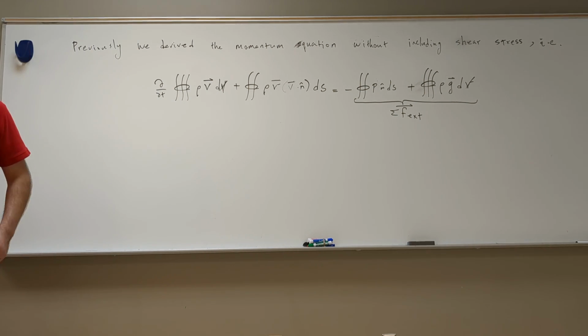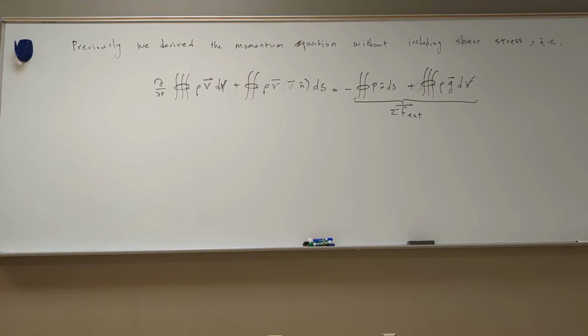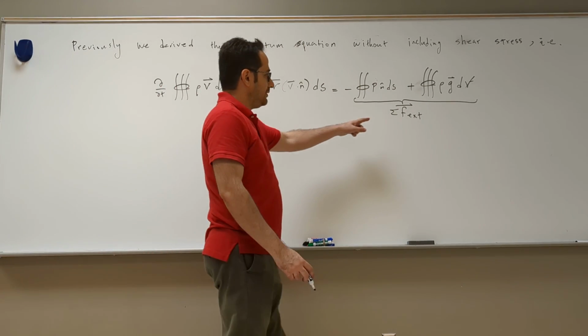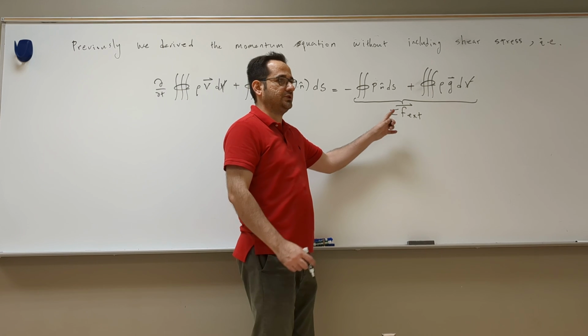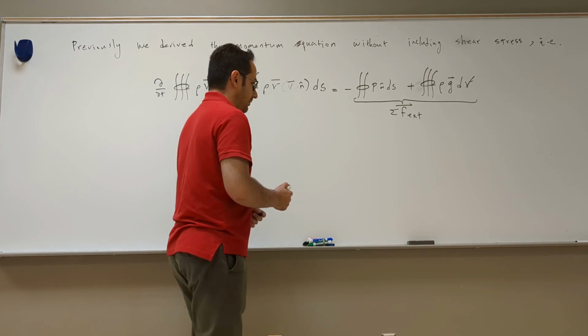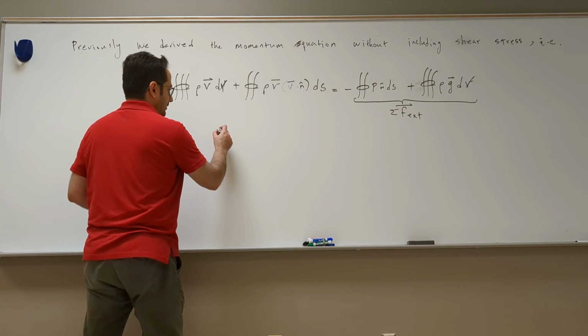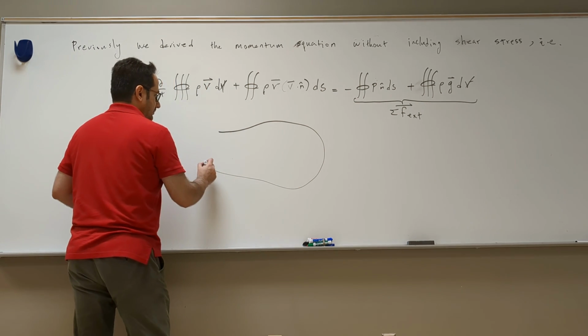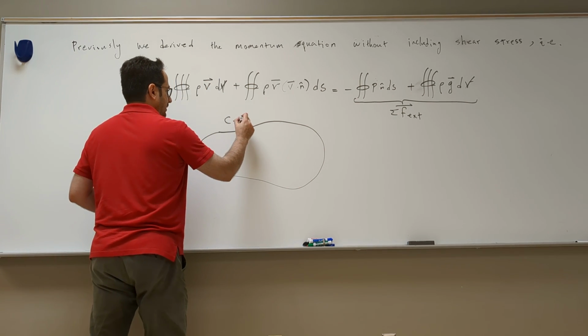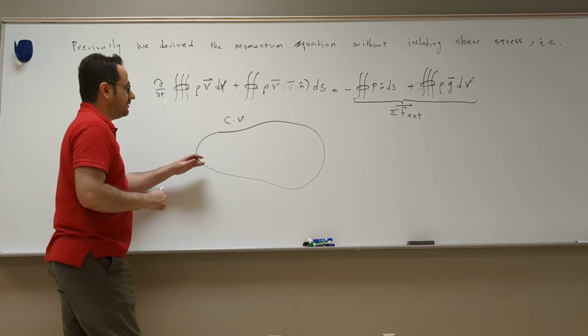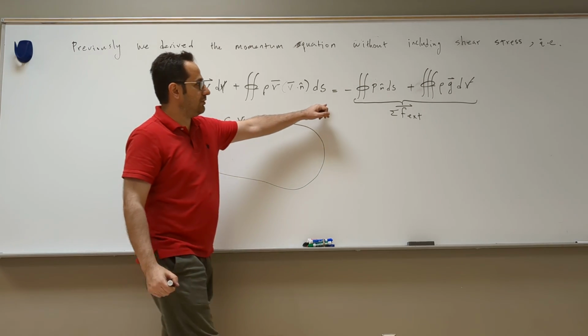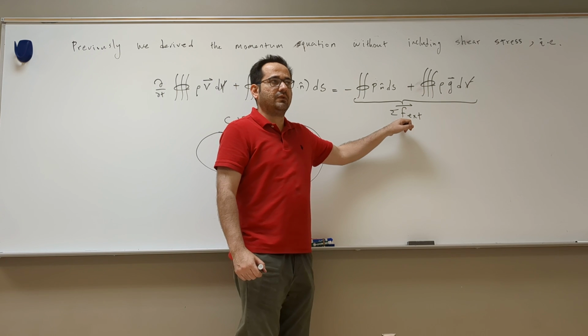Back to a few weeks ago when we derived the momentum equation, we had this right-hand side, external forces on the control volume. So I'm going to draw the control volume again. That's the control volume, CV. And we said the rate of change of momentum is equal to some external forces, Newton's second law.